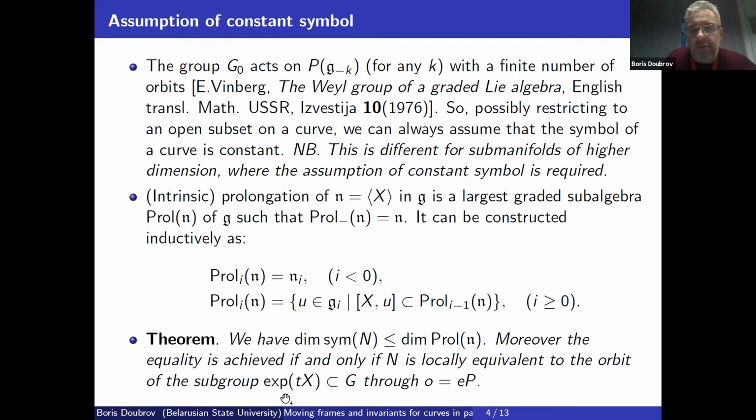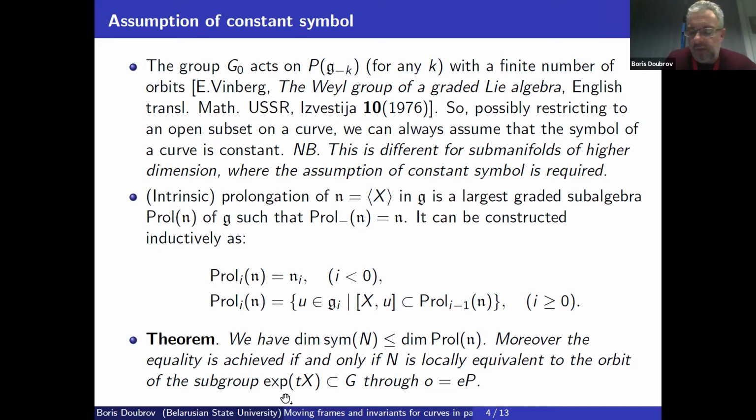So again, a very straightforward transition from what we had last time. The questions remain the same. Fixing such an element X in G, we want to understand if we can construct some nice moving frame along our curve of type X, or with symbol X, and how many invariants we have, and in which degrees they happen to be.